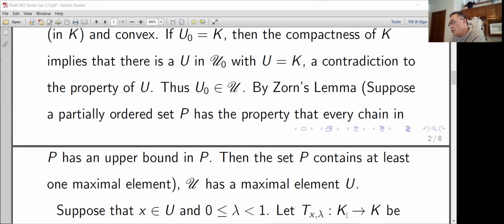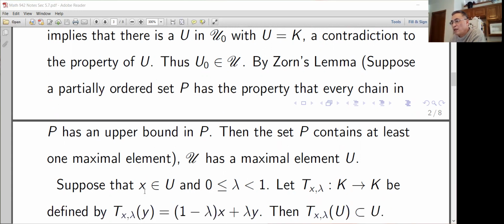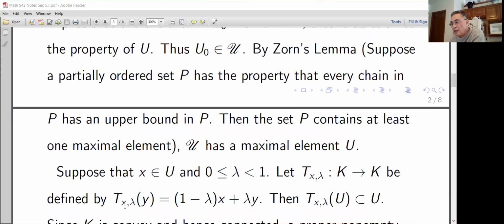We consider the map T_{x,lambda} from K to K defined by T_{x,lambda}(y) equals (1 minus lambda)x plus lambda y. This is the point at the lambda position of the segment from x to y.